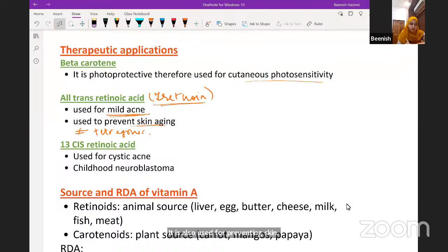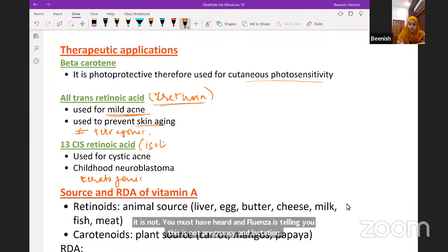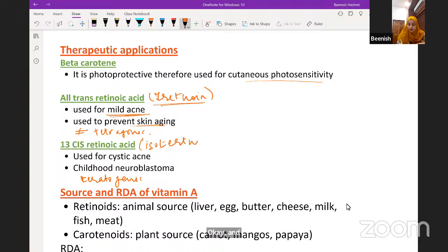It is teratogenic. Therefore, you must have heard influencers telling you this is not pregnancy and lactation safe. It is also known as isotretinoin. This is used in the treatment of cystic acne and childhood neuroblastoma.